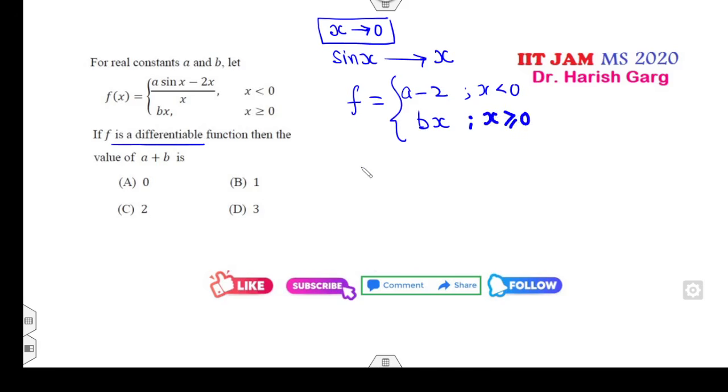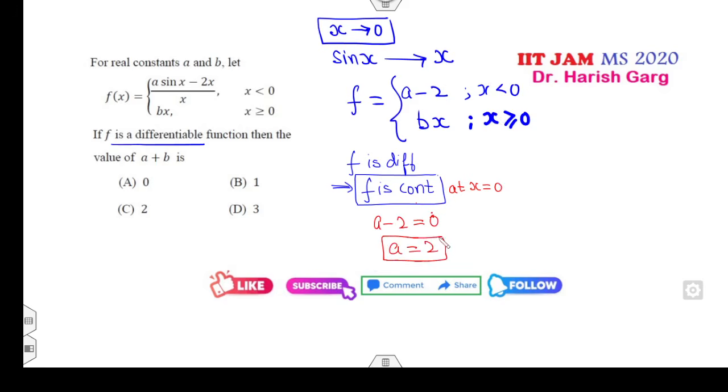Fine. Now the function is differentiable. When the function is differentiable, that means function must be continuous. So if the function is continuous at x is 0, so what does it mean? Limit must be same. So a minus 2 will be 0, a will be 2.